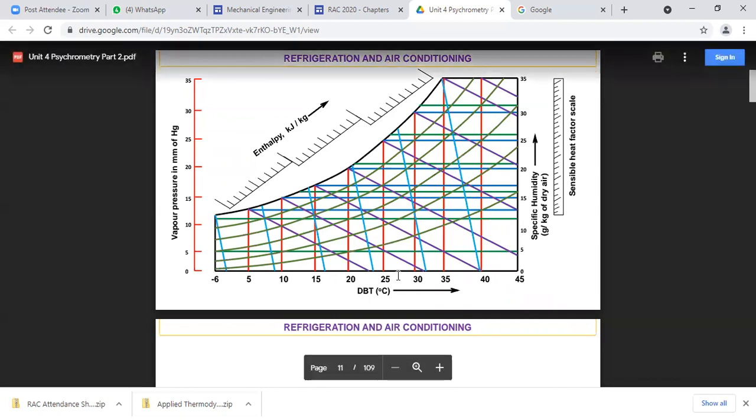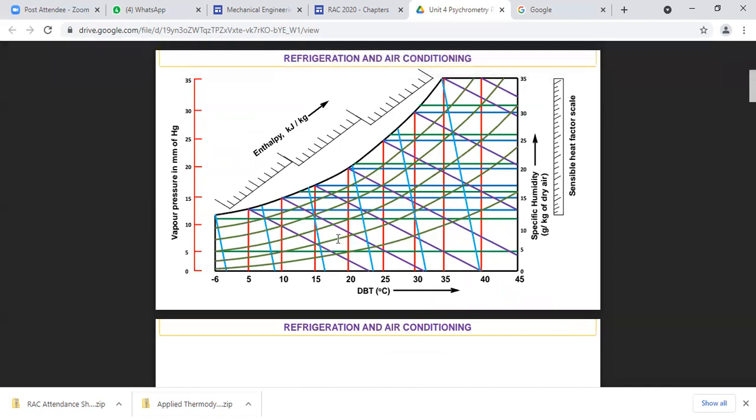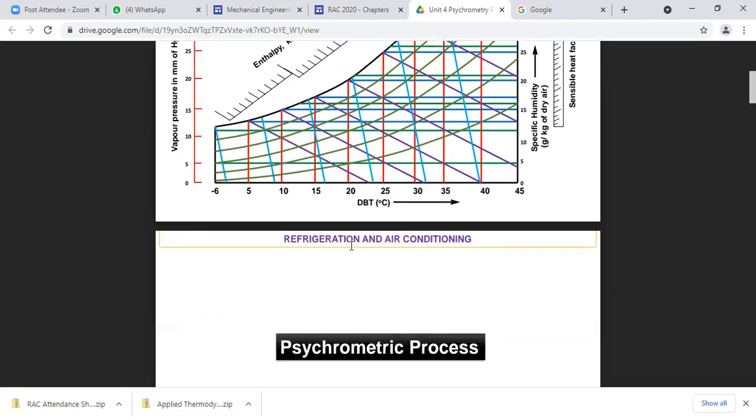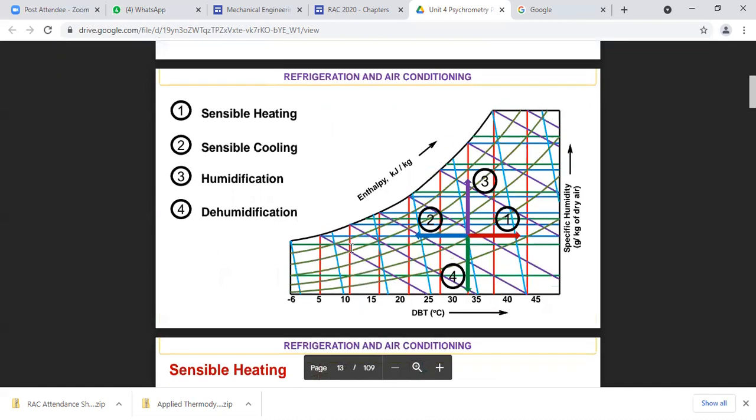Next, this is the wet bulb temperature line. Next, you can observe various properties such as the specific volume and specific humidity. So we are finding these on the psychrometric chart.